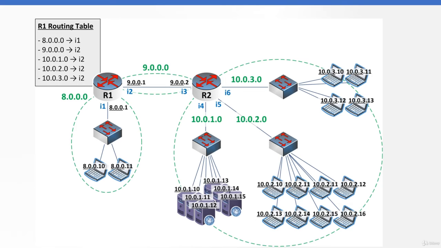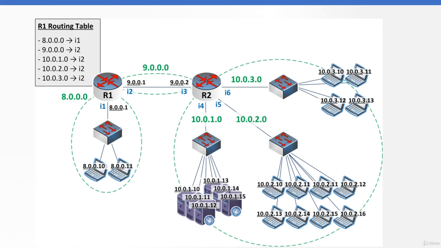A routing table lists the different networks that this router can reach. So router 1 can get to all these networks by simply sending packets to different interfaces. So a job of a router is actually to just get rid of a packet as soon as possible.